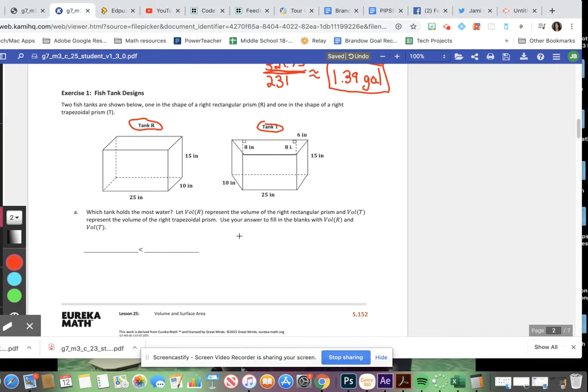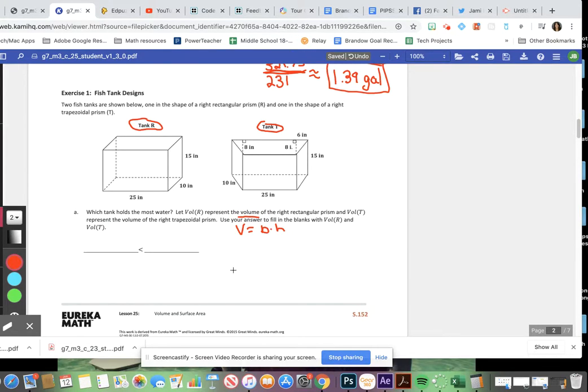Let volume R represent the volume of tank R, and volume T represent the volume of this prism. Use your answer to fill in the blanks, meaning which one is less than the other, which one is greater than the other. So for volume, we have to do area of the base times the height. And we want the volume because we want to know which one can hold the most water.